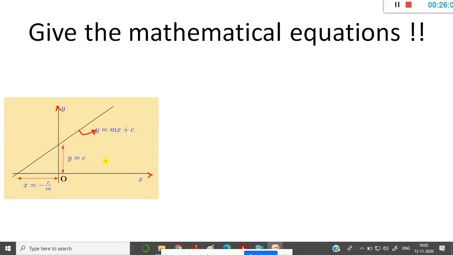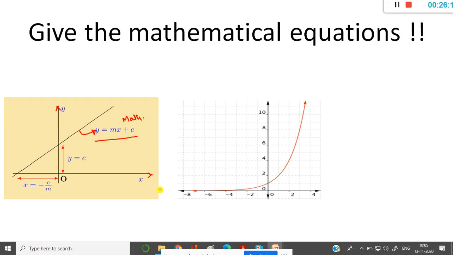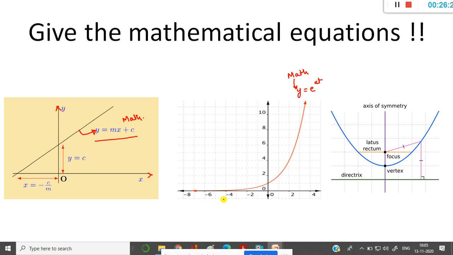I call this mathematical equation y equals mx plus c. Similarly, I have one more signal which is an exponentially growing signal, so I call this y equals e to the power of ax. This is the math equation for this figure.